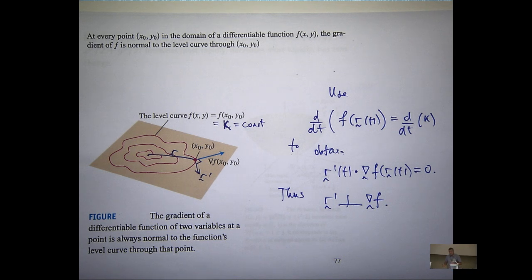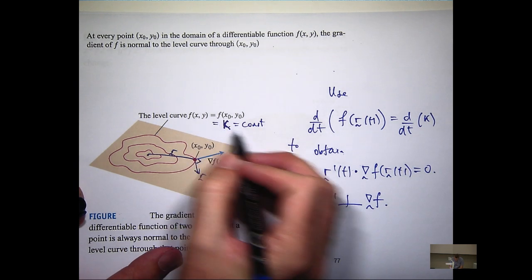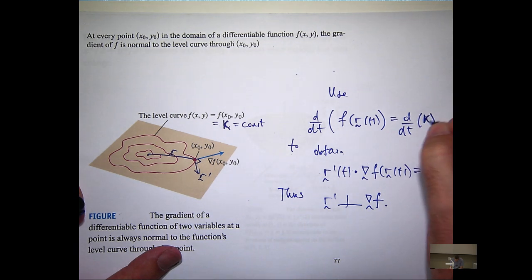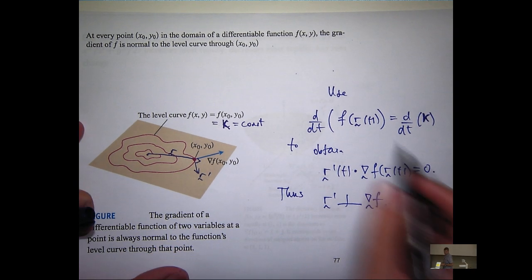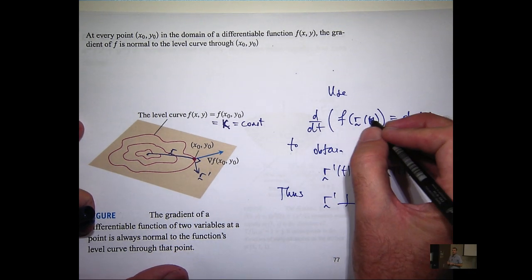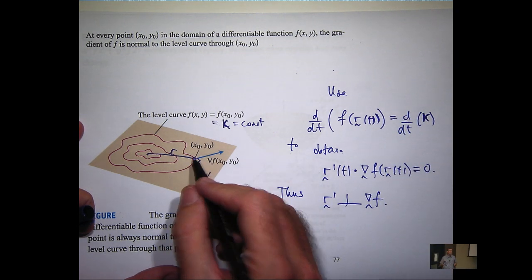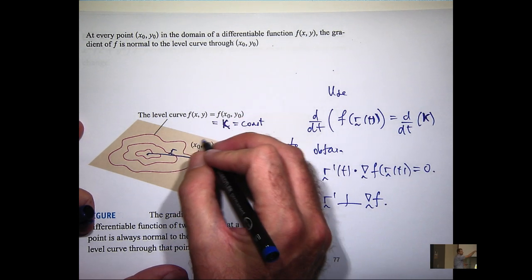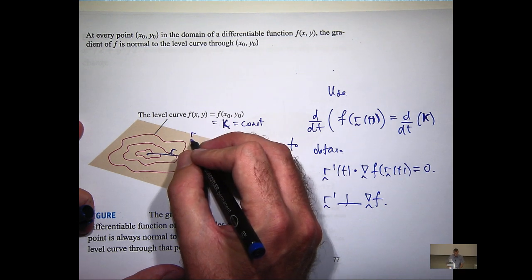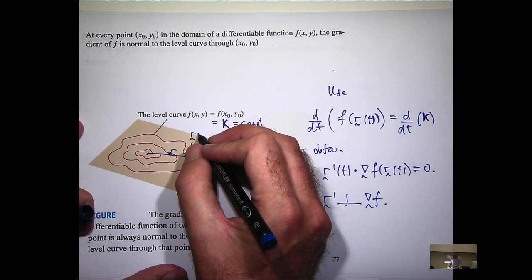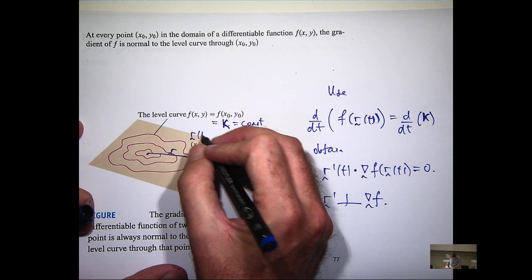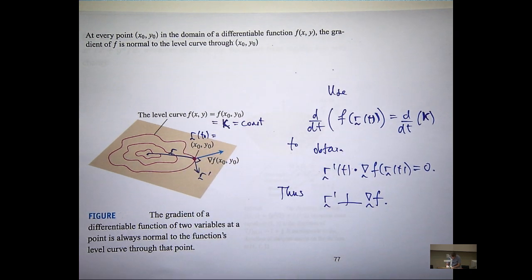Okay, it's kind of cute. Yes? Because f equals k, a constant. You with me? We can parameterize this curve r of t, at this point r equals r of t naught.